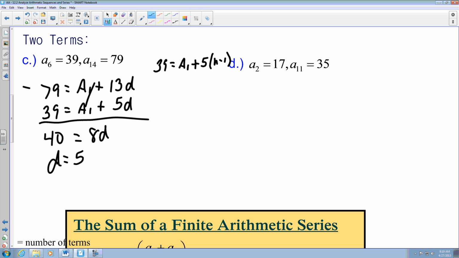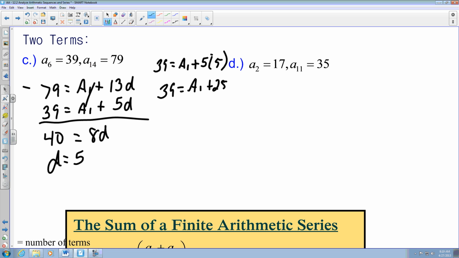So from here, well, actually n, I'm sorry, n is also 5, so I'm going to say 5 times 5. So that gives me 39 equals a sub 1 plus 25.